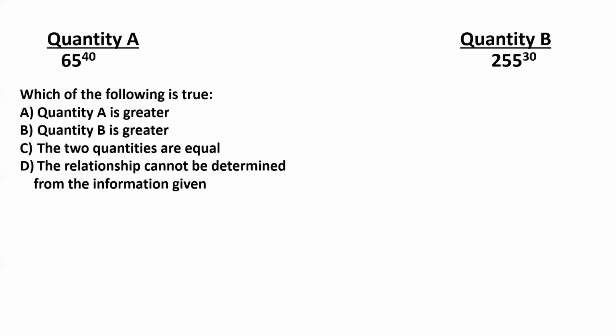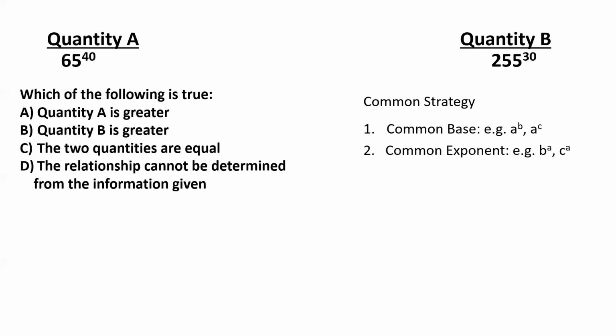So the common strategy for dealing with these problems is basically to reduce the expressions or the quantities to a common base. For example, a to the power b and a to the power c, where a is the common base, and now all you have to do is compare the exponents b and c.